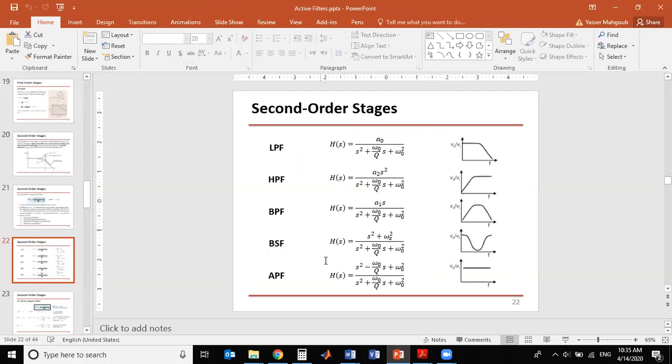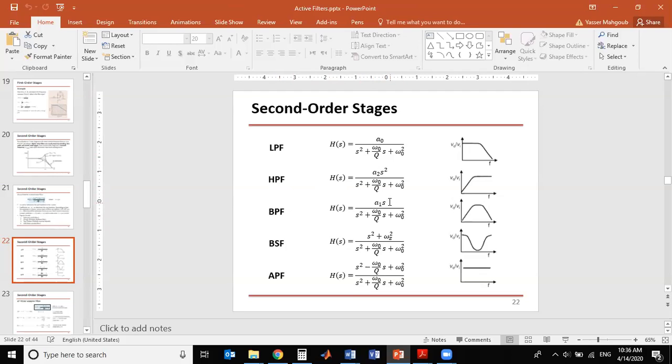And these are the different types of filters and the general transfer function of each type. For a low pass filter, you will have this general transfer function where you don't have any S in the numerator. For the high pass filter, you have S squared. All of them have the same denominator, but the numerator is the one that distinguishes between low pass filter, high pass filter, and so on.